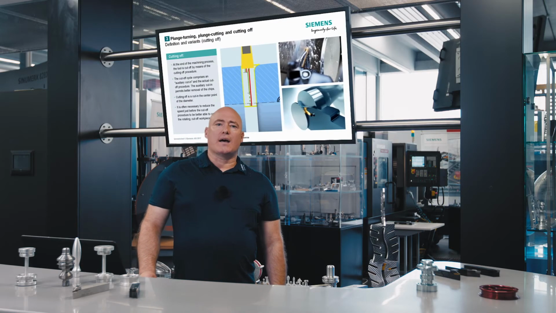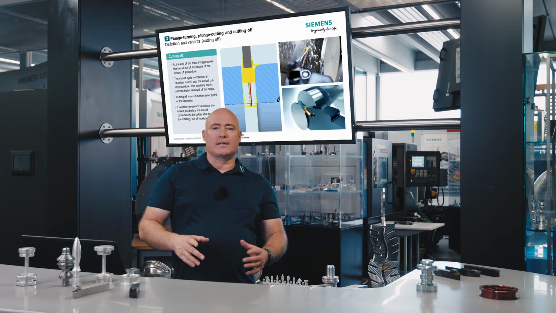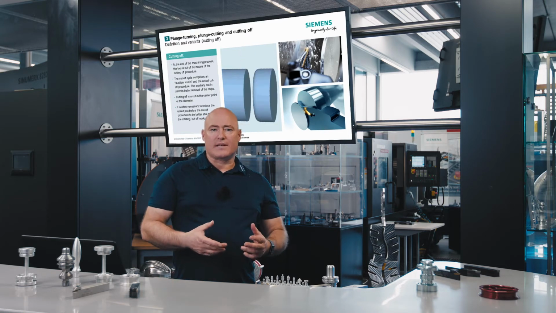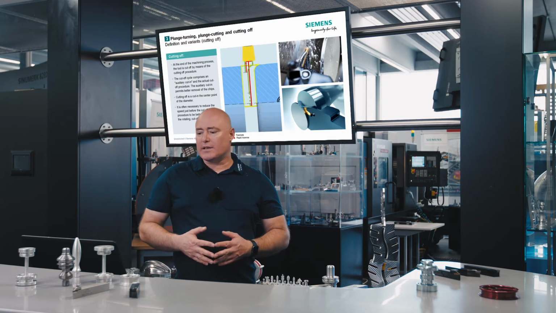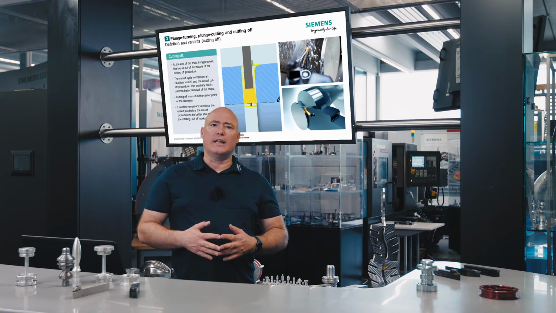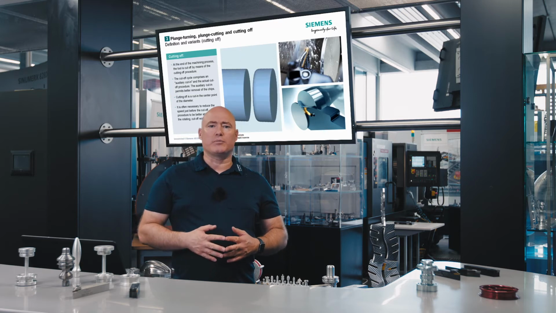At the end of the machining process, the workpiece is separated by the parting process. This means the machined workpiece has to be separated from the bar stock. This is done by means of the parting cycle. This is nothing other than a grooving process that extends beyond the center of the workpiece.